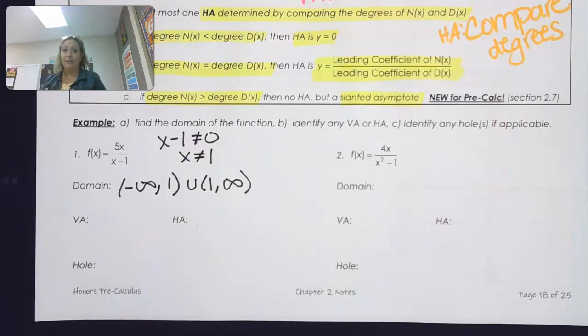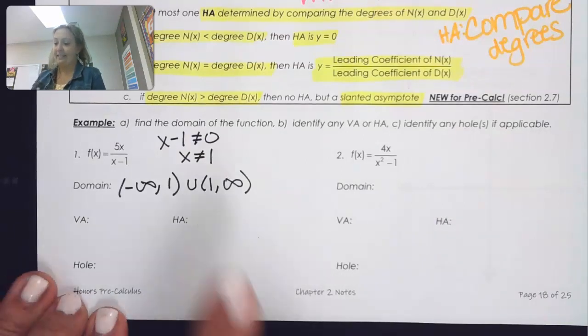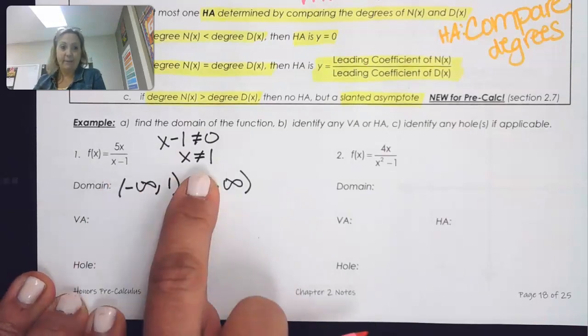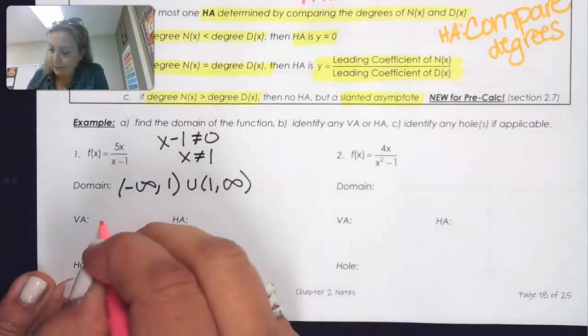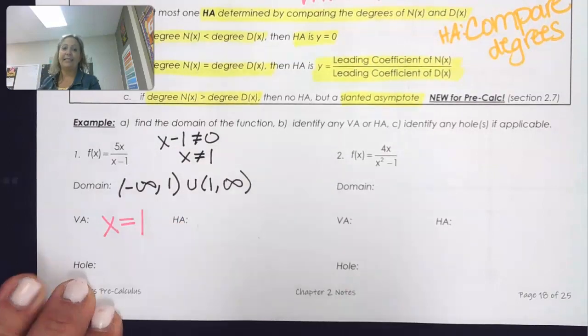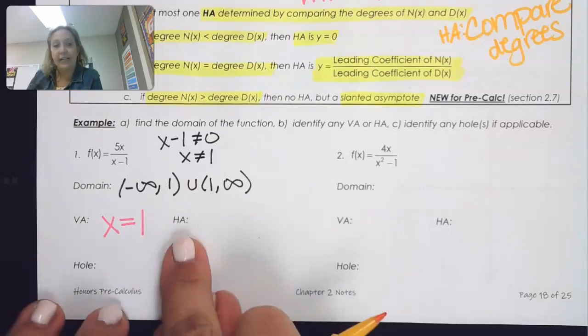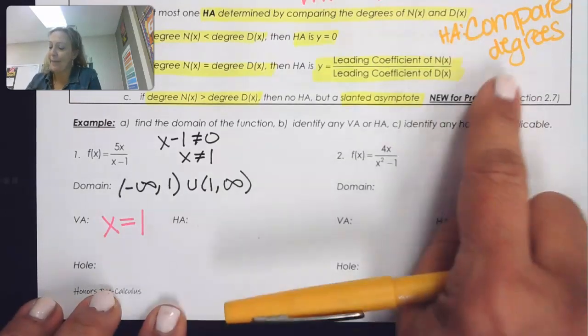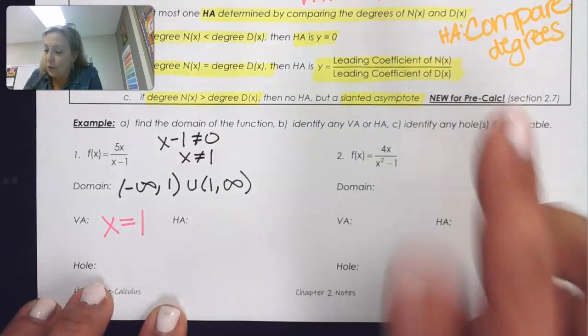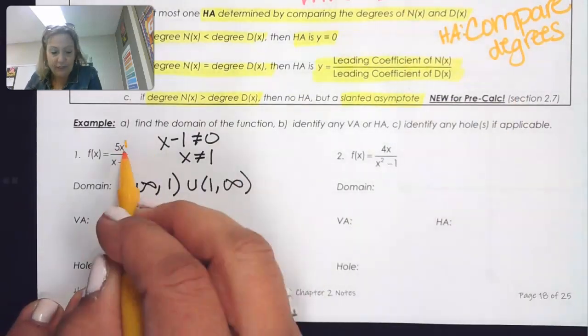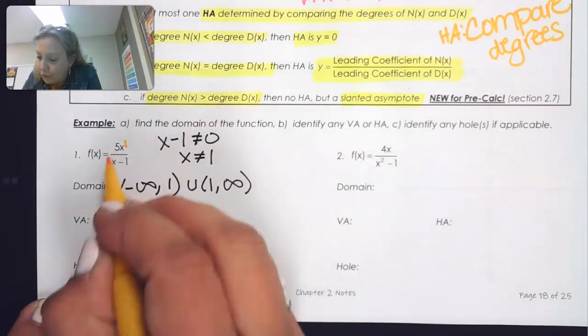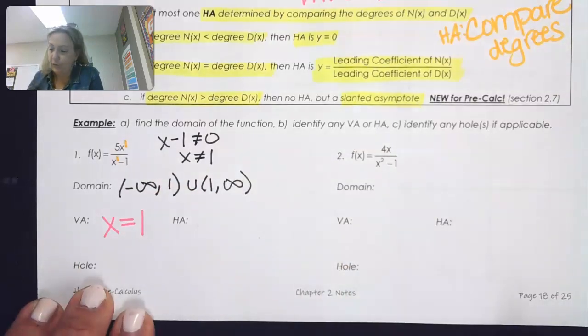So then I look at my vertical asymptote. Again, we can see that x can't be 1. So that's going to be where my vertical asymptote is, that x equals 1. For my horizontal asymptote, again, I'm going to compare degrees. Well, the degree of the numerator is 1. The degree of the denominator is 1.